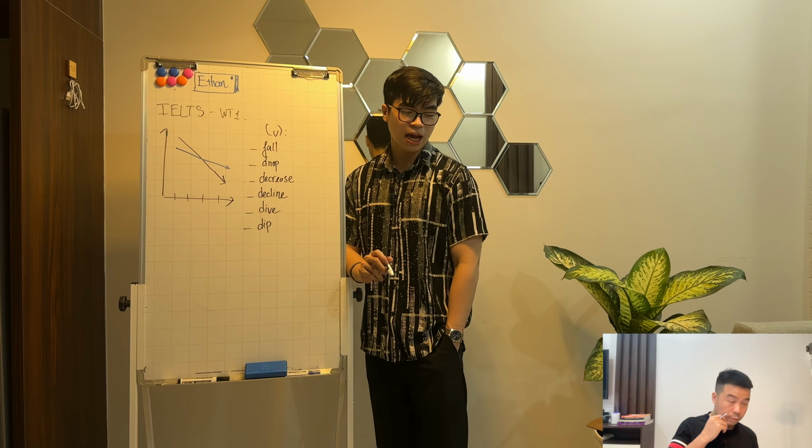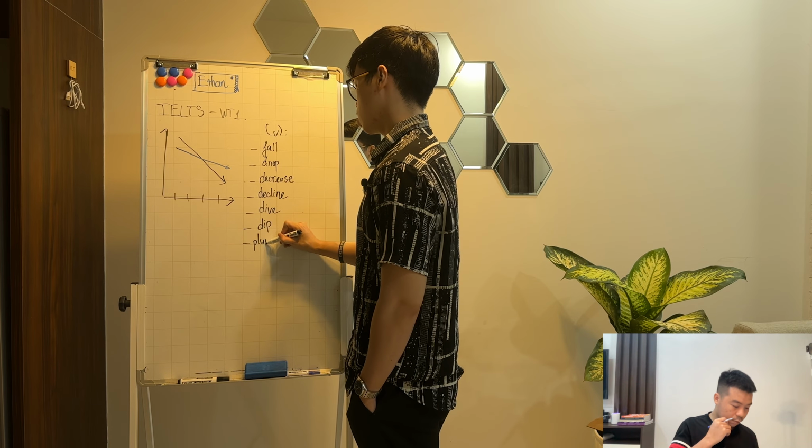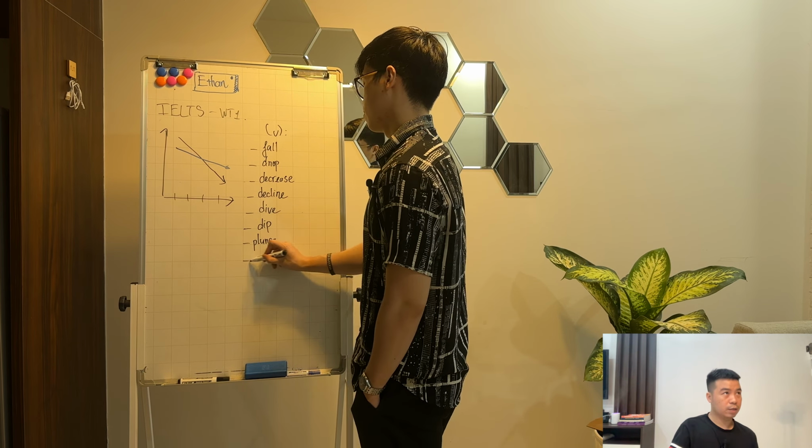Những chữ này nhỏ dễ học. Hoặc là giảm đột ngột cũng có plunge. Có từ shrink, thu nhỏ. Nó kêu chạm mức thấp nhất thì là hit a low. Hit the low, hoặc là hit the bottom.